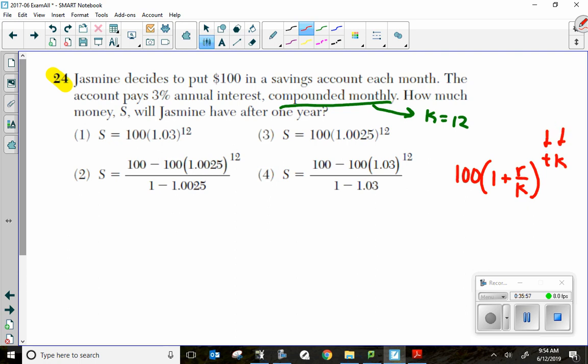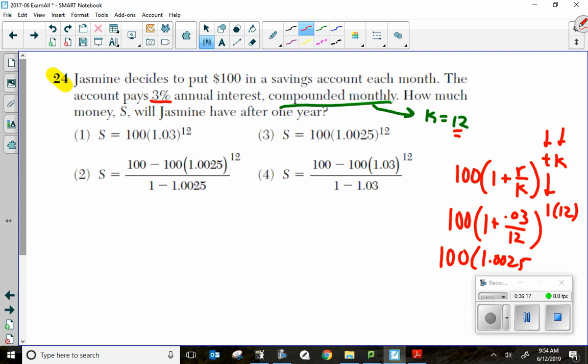So 100 is what she puts in. I have 100 times 1 plus 0.03, because that's my rate, over 12, because that's my K value. My time is 1 year times 12, and you would get 100 times 1.0025 to the 12.